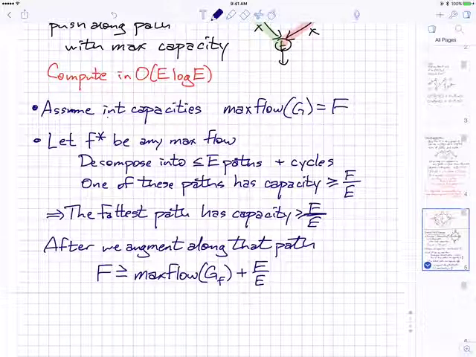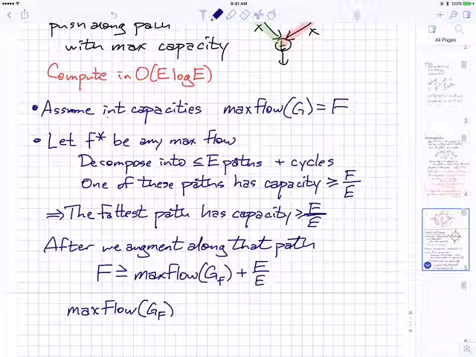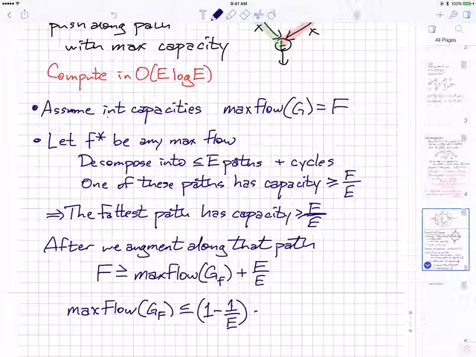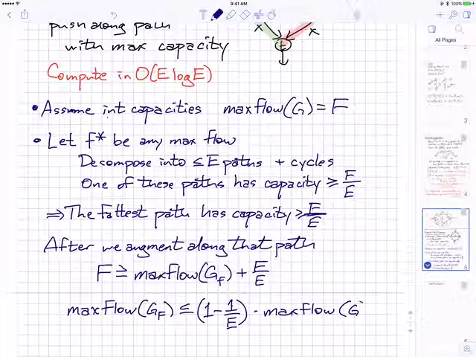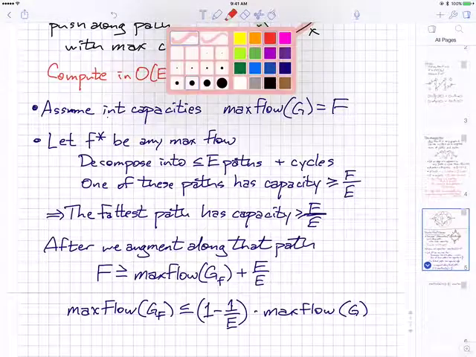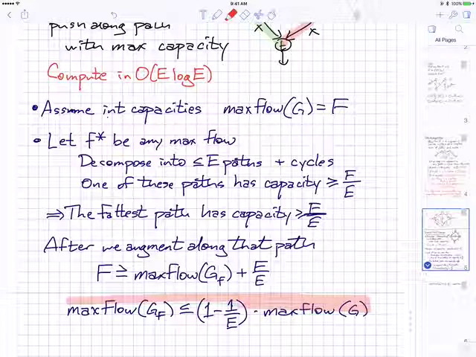But now if I reverse this, then it means that max flow of G sub F is at most 1 minus 1 over E times the maximum flow in the original graph. And this is the key to the analysis.